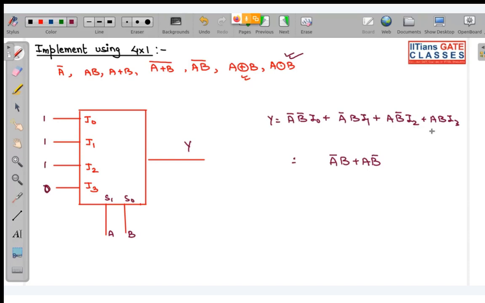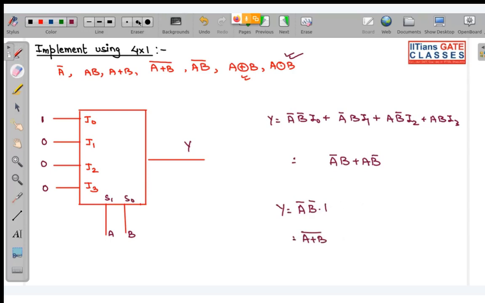If I want NOR, I can take the input combinations like this. Y will be equal to A complement B complement into 1 and all the remaining will be 0. So this will be A plus B whole complement.